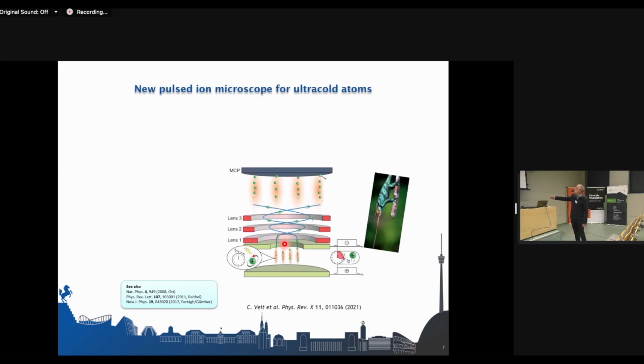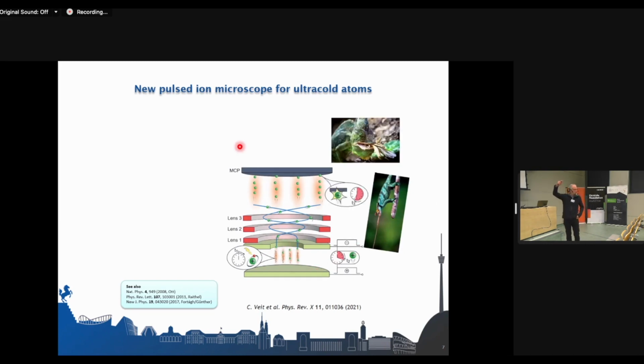Then at T2, we switch on the microscope, we extract everything, and we read out after a certain time of flight in this microscope at T3, what is the coordinate X and Y. So this time of flight information is actually also important because it allows you, for example, to distinguish in the future various isotopes, or Rydberg atoms from ions, as we will see.